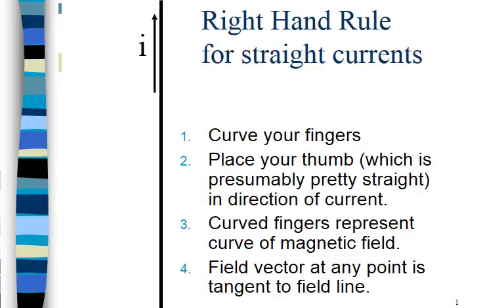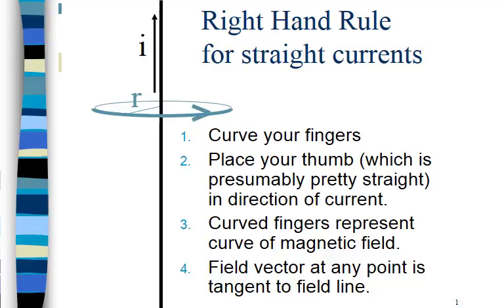So this is the list of instructions to do that. You can draw the current flowing. Place your thumb in the direction of the current, and then your fingers represent the magnetic field that surrounds the current-carrying wire. If we draw that out, this is trying to draw something three-dimensionally here.